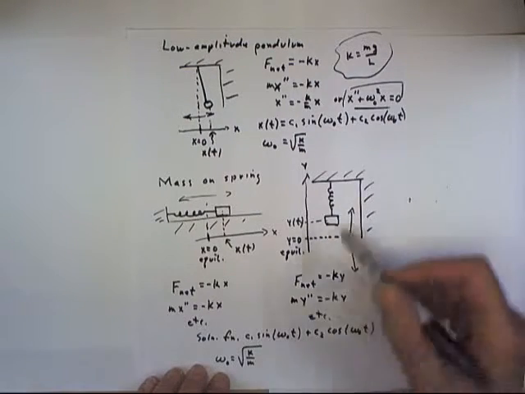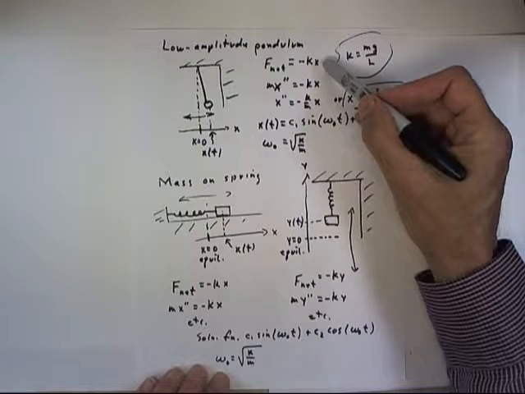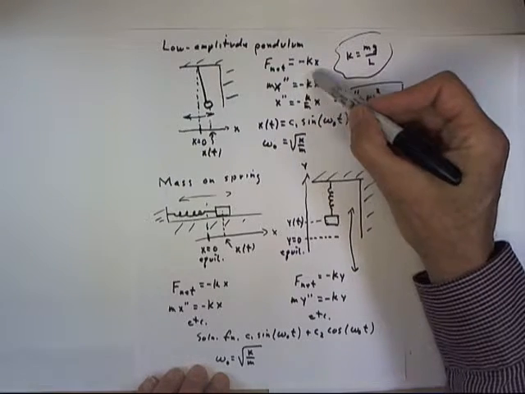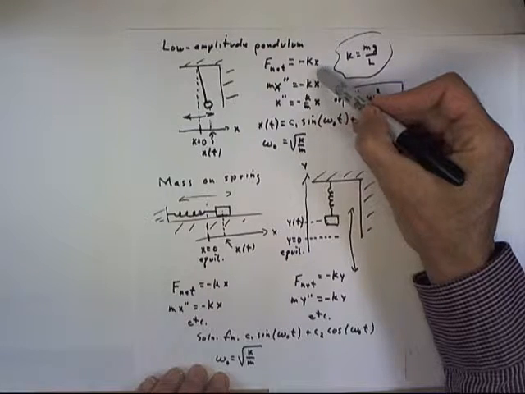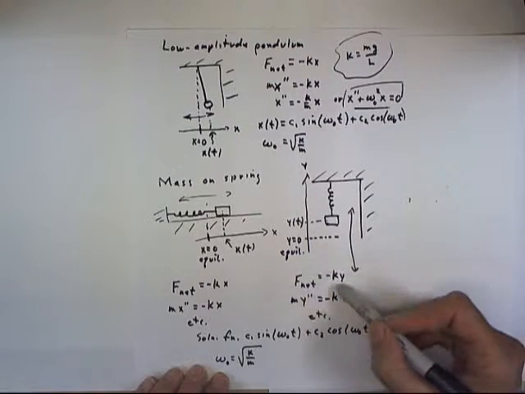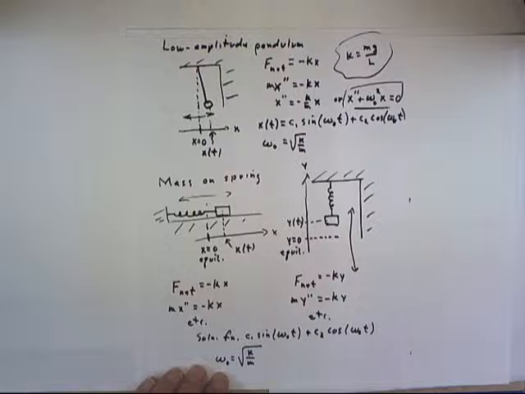In that case, we have to introduce another term into this net force equation, and the net force is no longer going to be the ideal negative kx or negative ky. As we'll see, we're going to end up with a second order non-homogeneous equation, and we're going to have to use either variation of parameters or undetermined coefficients to solve the equation.